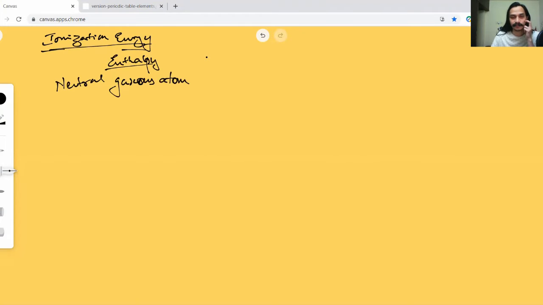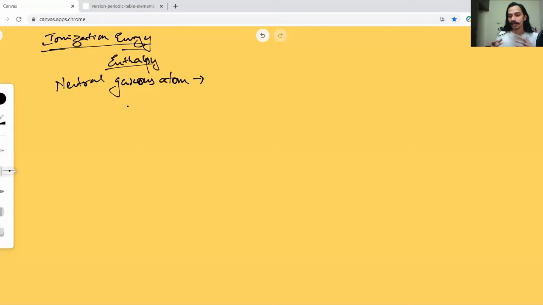If I have to define it, I'll call it the amount of energy required to remove an electron from a neutral gaseous atom, or to create an ion out of a neutral gaseous atom. And generally we talk about removing electrons from the outermost shell.